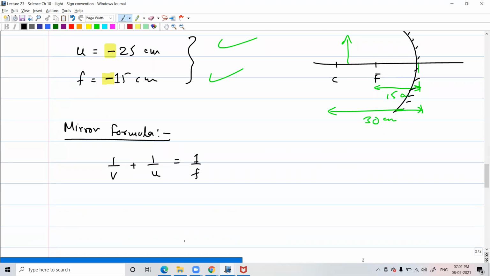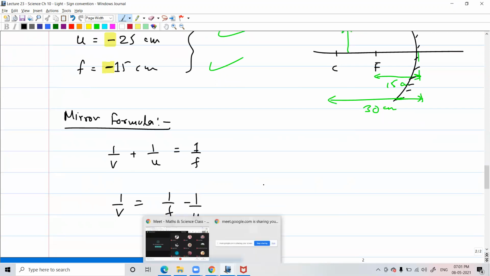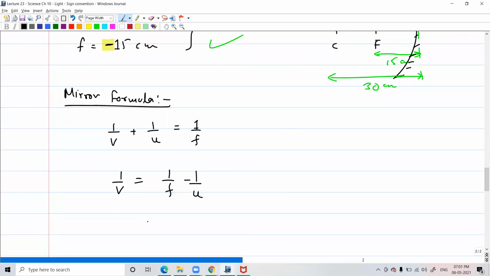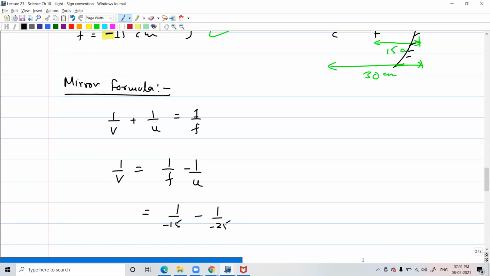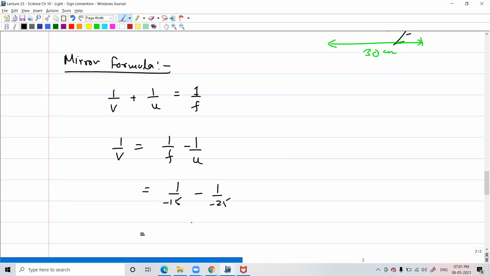Now you should be able to find the V value. Find it out and tell me. So you can write it as 1 by V is equal to 1 by F minus 1 by U, which is 1 by minus 15 minus 1 by minus 25. So what is 1 by V?